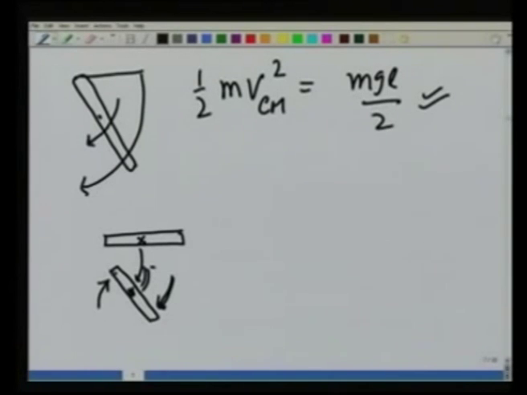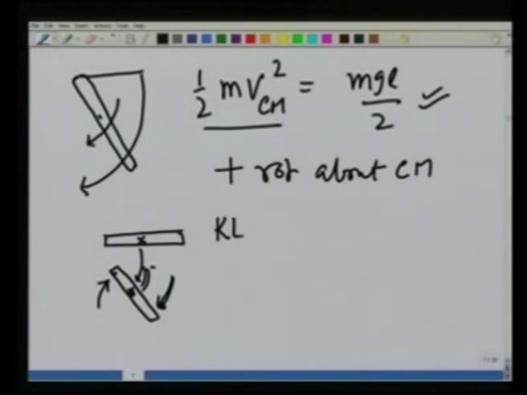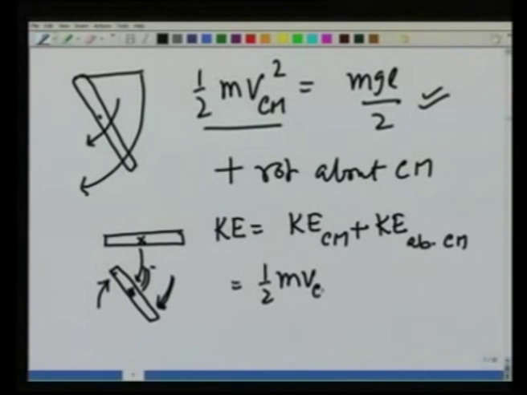So, actually the motion is 1/2 m v c m square plus rotation about c m, and if you calculate the kinetic energy, it is always k e of c m plus k e about c m. It will come out to be 1/2 m v c m square plus 1/2 I about Cm, which will be m l square over 12 omega square.